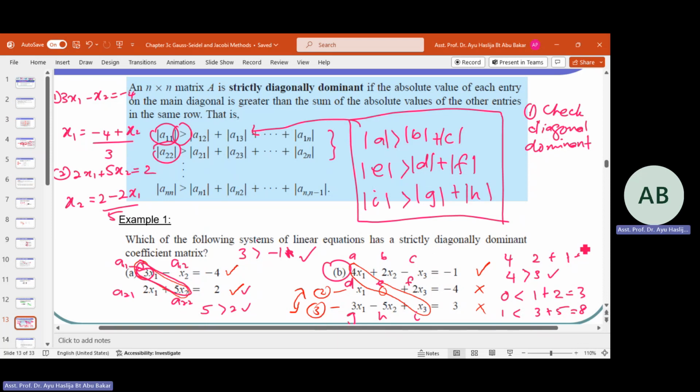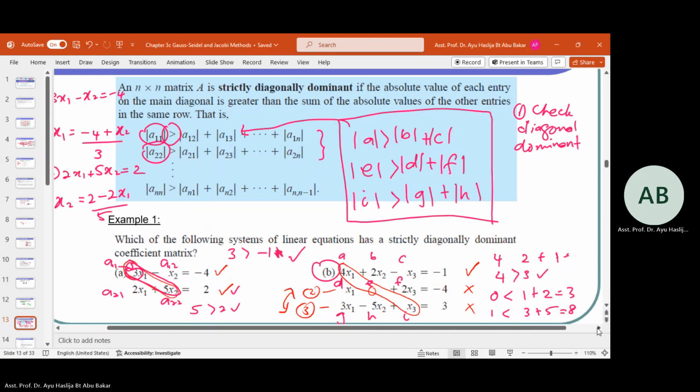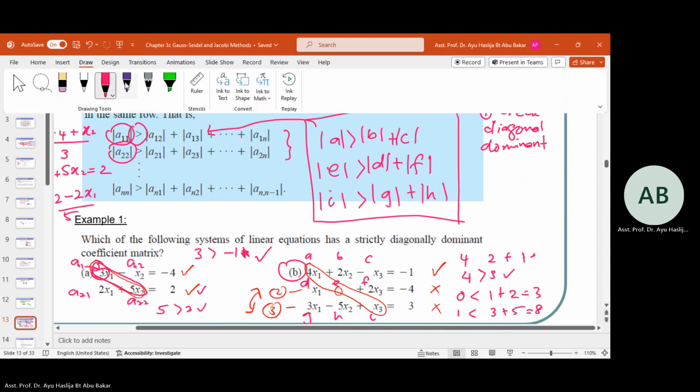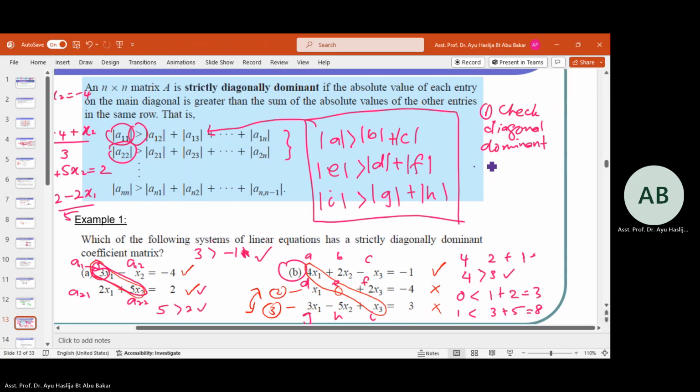So once you rearrange, the new equation: equation 1 follows the rules.